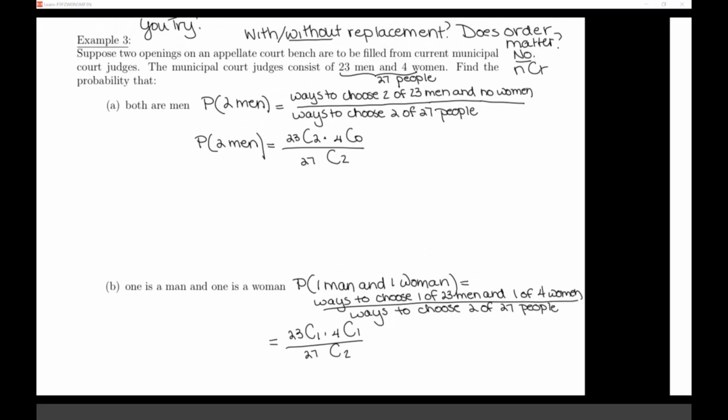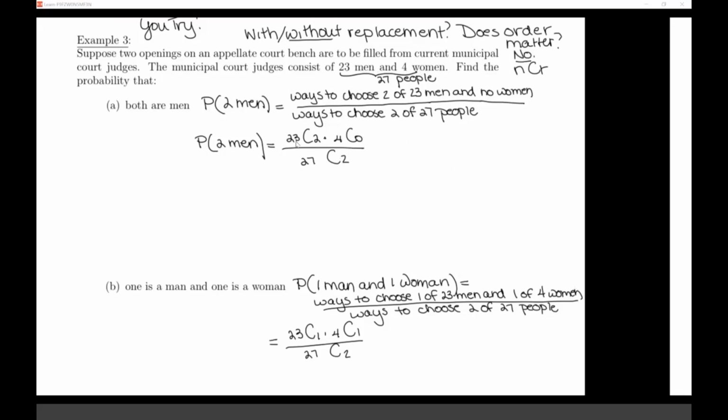How likely is part A to happen? Yes, it is going to be likely because the municipal court judges are mainly men. So it's going to be very likely to pick 2 at random who are both men.